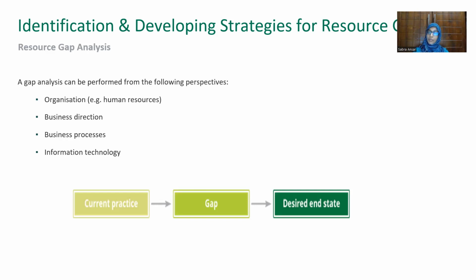And then it would be information technology. I just thought of taking this as an example because it's something everyone knows. As you can see, gap analysis happens where there is a current practice, a desired end state, and then a gap. In information technology, we can look at an organization which has a normal internal ERP, which shows that the organization has some information technology involvement.